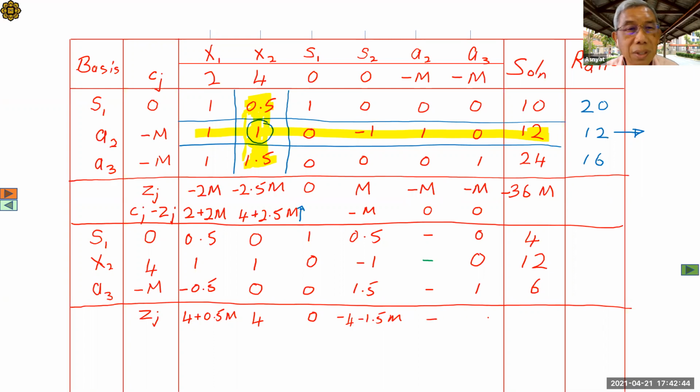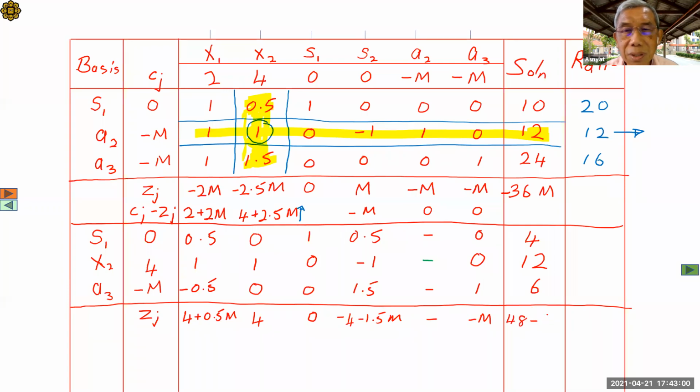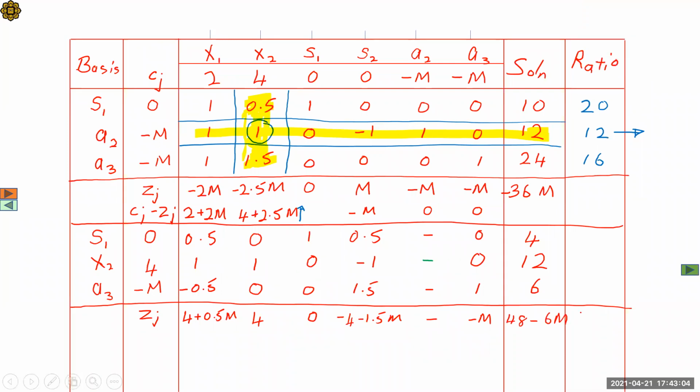The third one, negative m. Then the last one, 4 times 12, 48, minus 6 m. Yes. Okay.